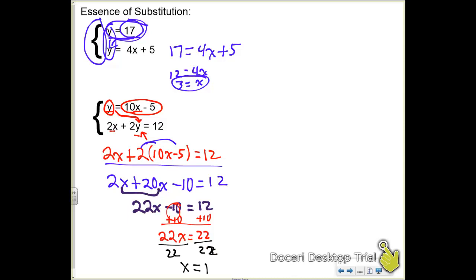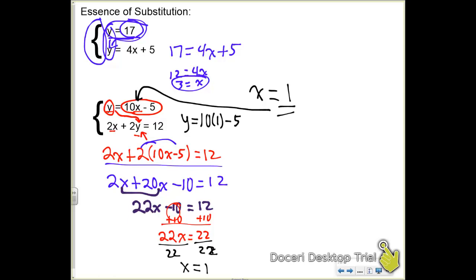Now that's only half the solution, because an ordered pair is what makes the solution to a system. So out of this system, I know that x has to equal 1. But I got to go back and solve for the other variable, which was y. So I'm going to take this 1 that I have here, and I'm going to substitute it back in place of this x here, and that will give me the value of y. So I'm going to rewrite that equation, y equals 10 times 1 minus 5.